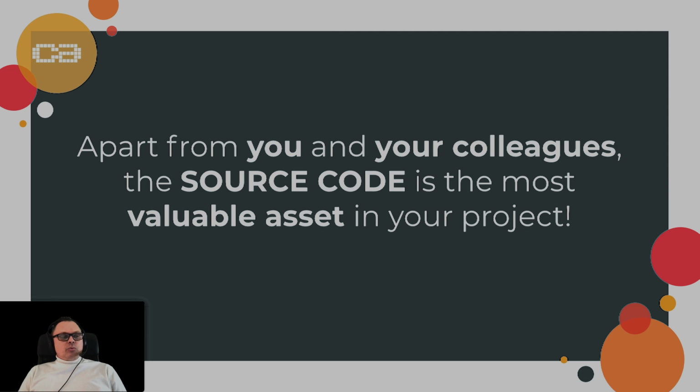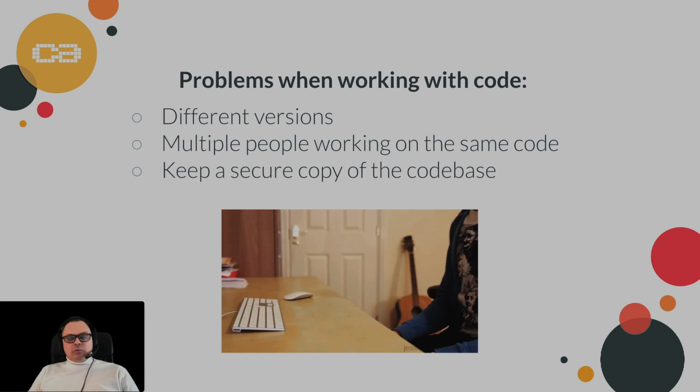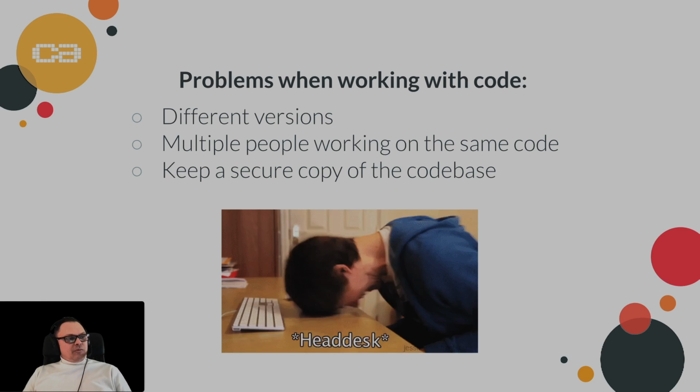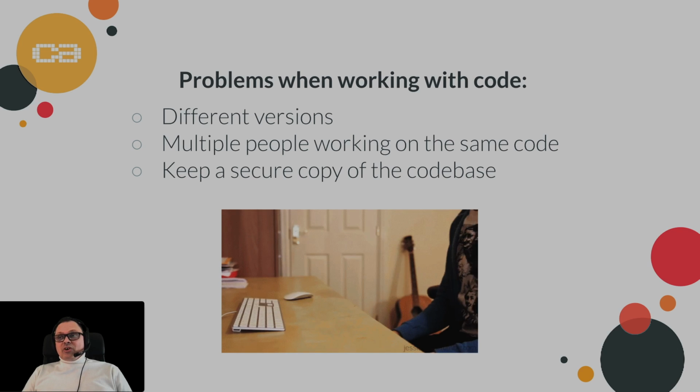So this means that we need to do as much as possible and go to extreme lengths to protect our source code from being corrupted or being handled in a way that will introduce bugs or malicious code or faulty code and so on. So in order to do that, we can just think about a few problems that might occur when you work on software.